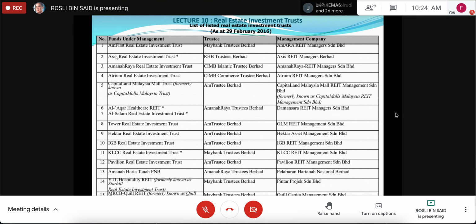So we can see here, First Real Estate Investment Trust, for example, the trustee comes from Maybank Trustees Berhad, and the management company is Amanah REIT Managers Sdn Bhd. And then Axis REIT, RSB Trustee Berhad become the trustee, and Axis REIT Managers Berhad become the management company.